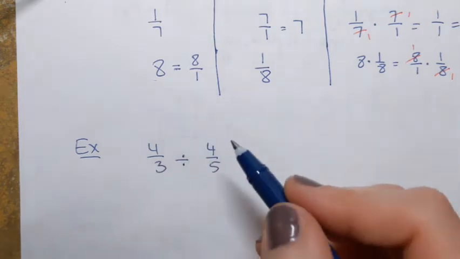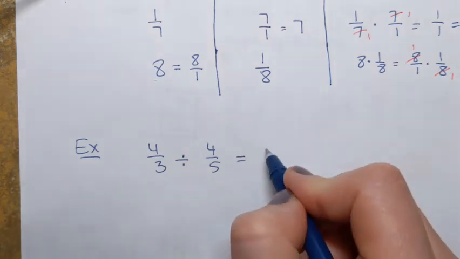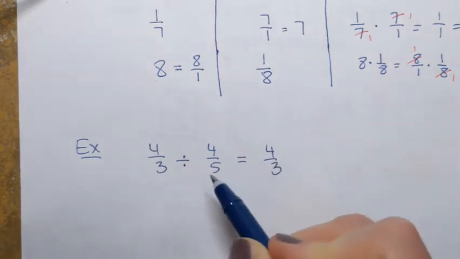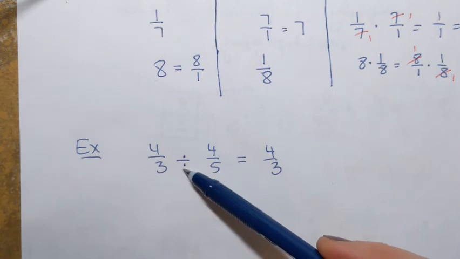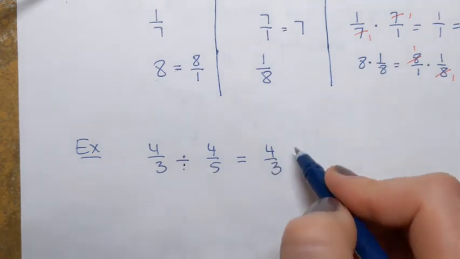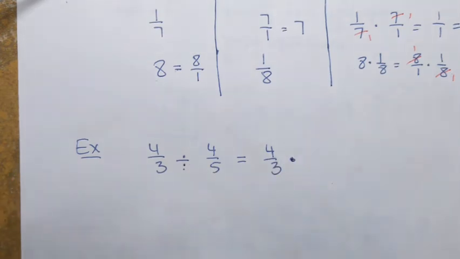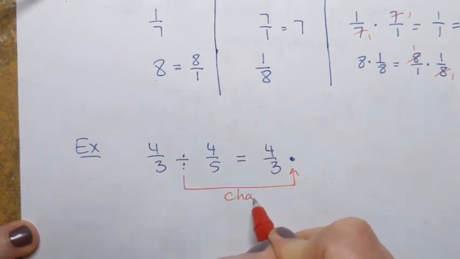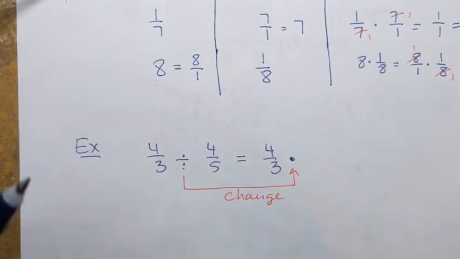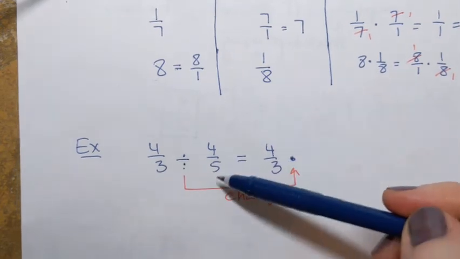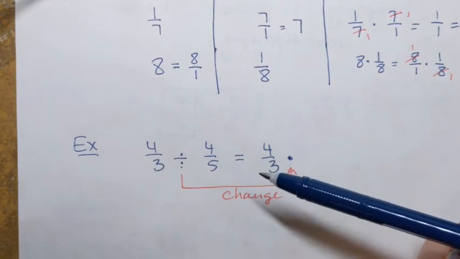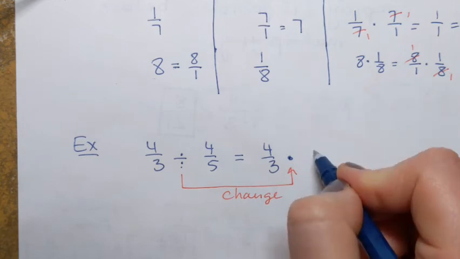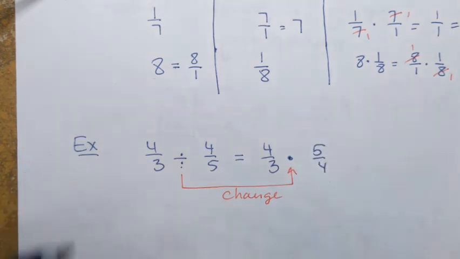The first change is to change the division operation to multiplication. And then second, you take the reciprocal of the second fraction. So instead of 4 over 5, I'm going to put 5 over 4.